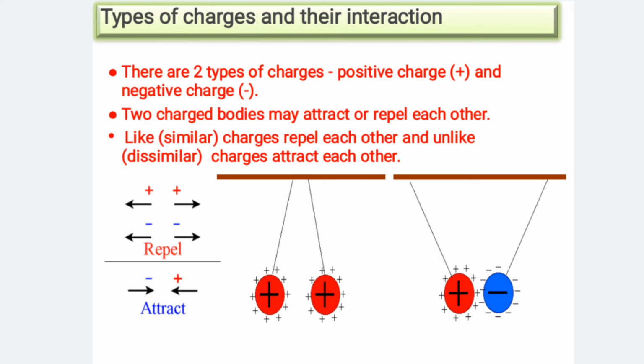Here in the diagram you can easily see repulsion of charges and attraction of charges. In the repulsion, they are moving away from each other, and in the attraction, plus and minus charges are coming towards each other. In the same way, these balloons show repulsion when they have the same charges, moving away from each other, and attraction when they have different charges.